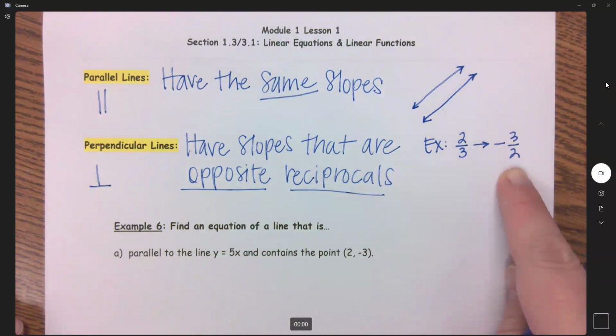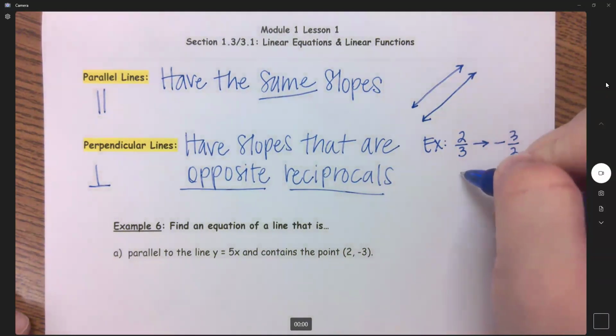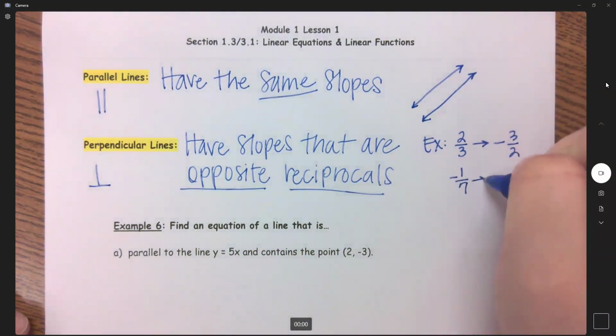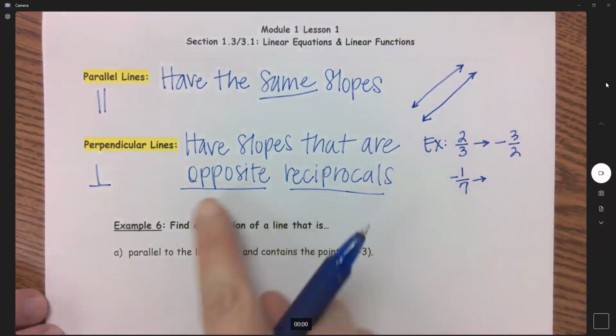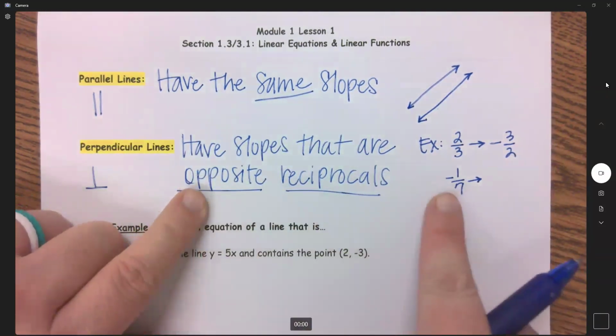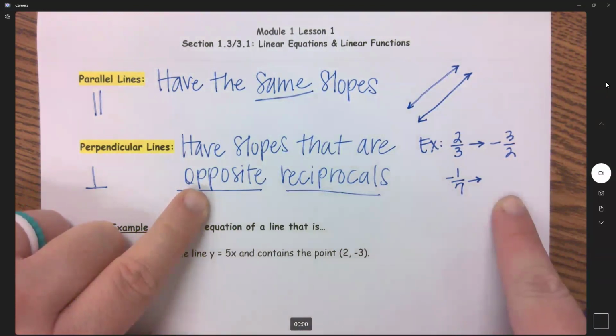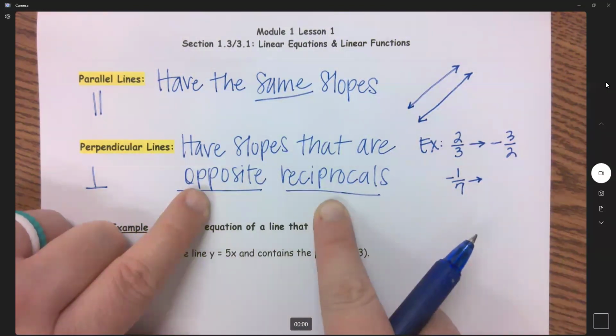Or if we do something like -1/7. Opposite reciprocal, since this one is negative, this one will now be positive, and flip that fraction for reciprocal.